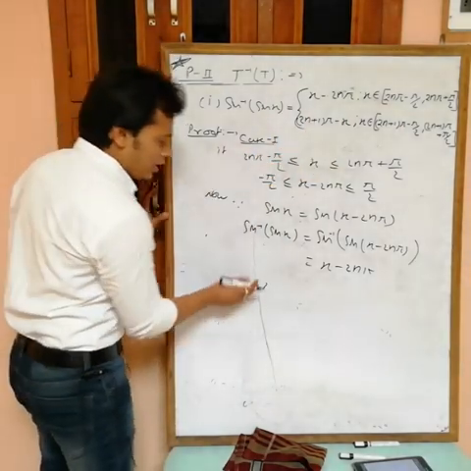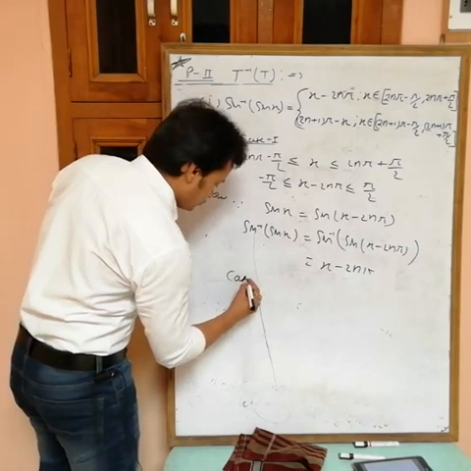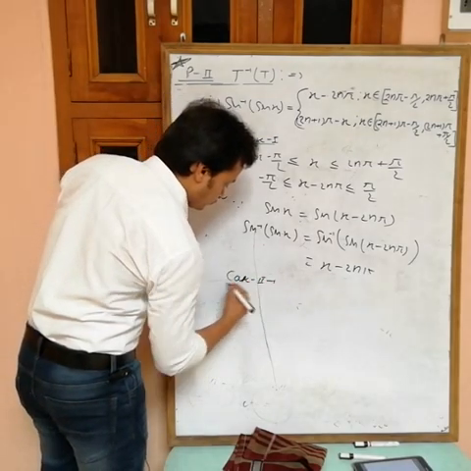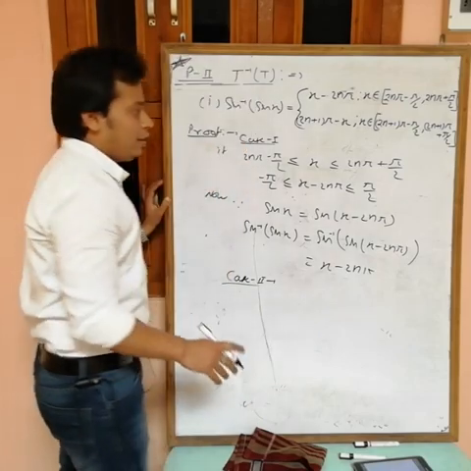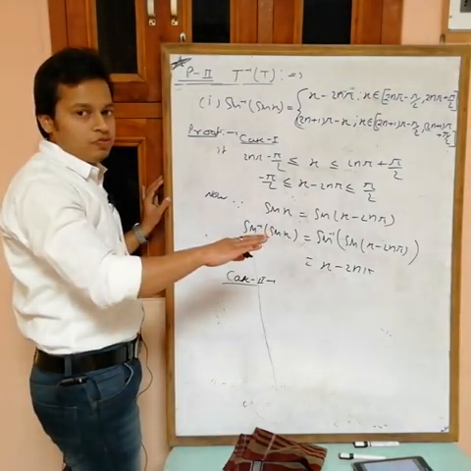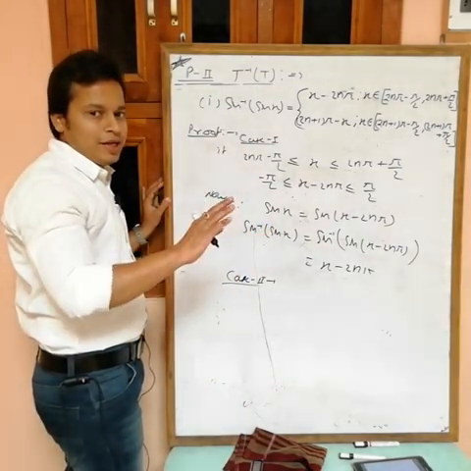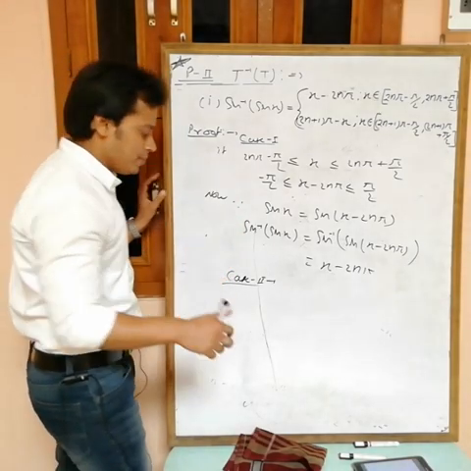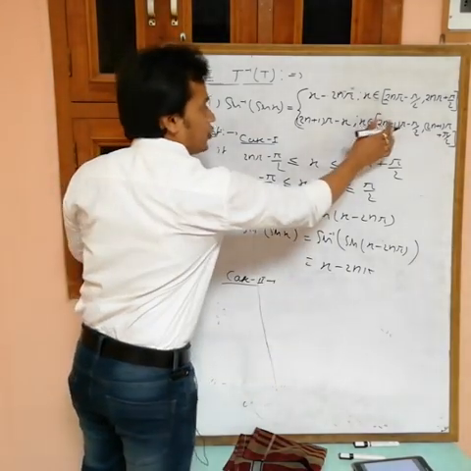Now case 2. I am doing the proof only for this one. For the other I will take the formula directly and then the graph. Case 2 for this interval.